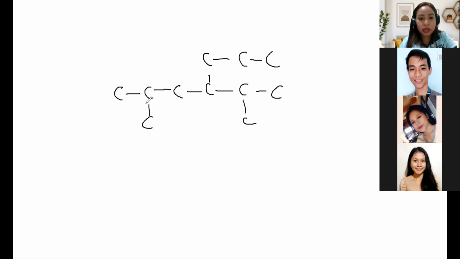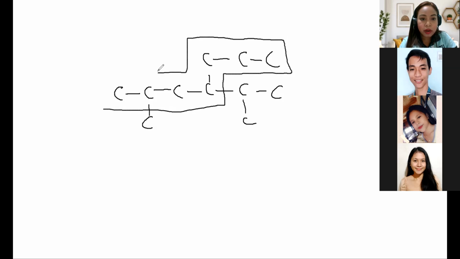No, that's 6. So it's either this one or this one. They are both 7, so we select the one that has fewer bends. This one is more favorable. Then we enclose it in a box so it's clear that this is the parent chain.